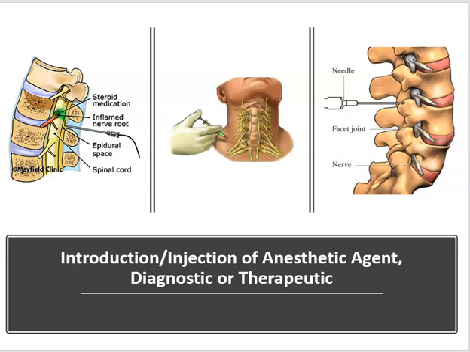Then on page 439, we got some other blocks, and these are called facet joint blocks. In the description of the code, you'll see it's called paravertebral facet, but we call them facet joint injections. And a facet joint is really like this small stabilizing joint that is located between and behind the adjacent vertebra.